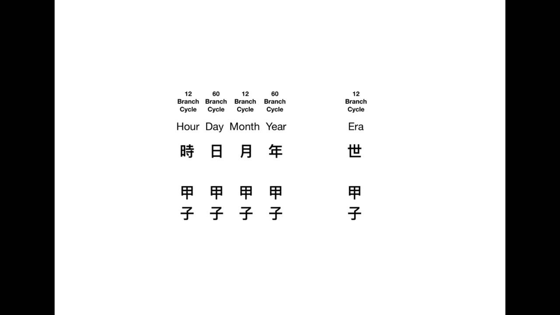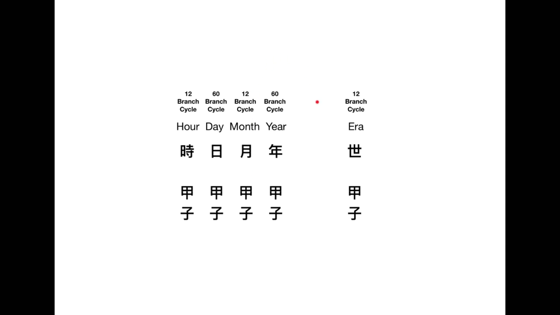And the reason that the era long count is a 12 branch count is because when you look at how the BaZi is organized, one 12 branch cycle of the hours is what is needed to tick over the day. The days could be any of the 60 stem branch combinations, but the 12 branches of the months are required to go through one full cycle to tick over the stem and branch of the year.